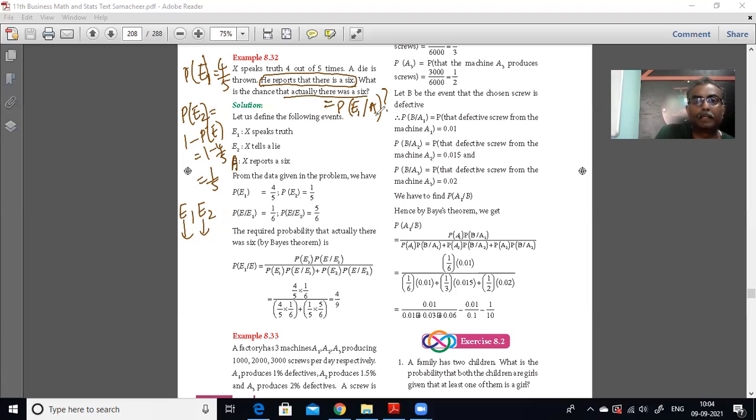What this means is, given that he said that there was a 6, what is the probability that he actually spoke the truth? Okay, given that he reports a 6, what is the probability that he spoke the truth?